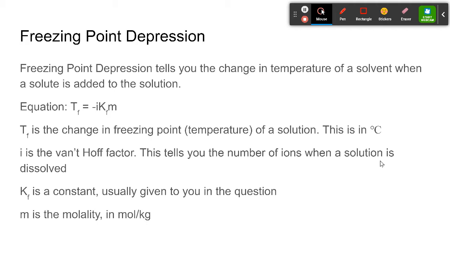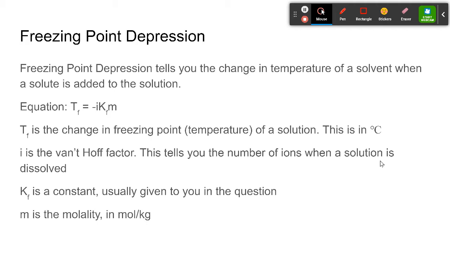ΔTf represents your change in freezing point of the solution. This is in degrees Celsius. ΔTf is not always going to be your answer in the question. For instance, if I tell you that the freezing point of rubbing alcohol is negative 10 degrees Celsius, and you solve for ΔTf and it gives you negative 4, and I ask you in the question what your new temperature is going to be, well, your change of temperature is negative 4.